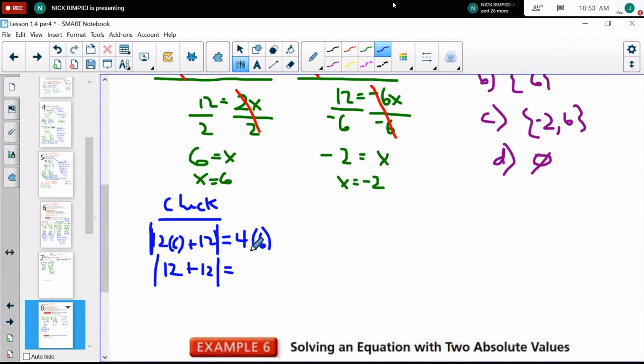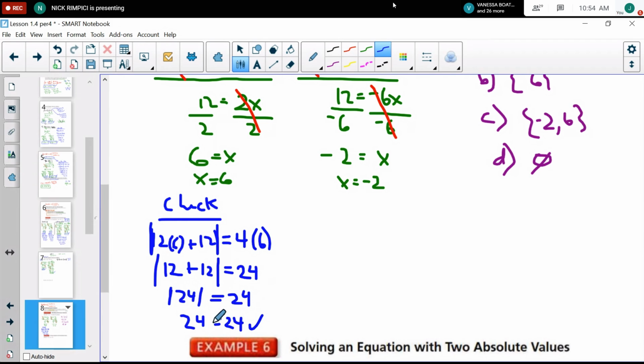And on the right side, 6 times 4 is 24. Okay, 12 plus 12 is 24. And then the absolute value of 24 is 24. Because the absolute value of a positive number is that same positive number. And there's nothing to do on the right. It's just 24. I'm carrying it down. There's no work to do.